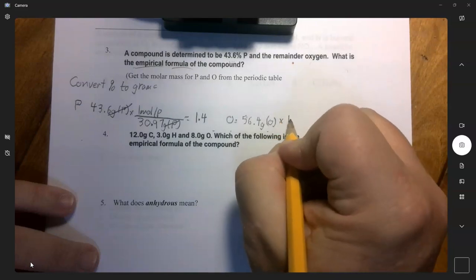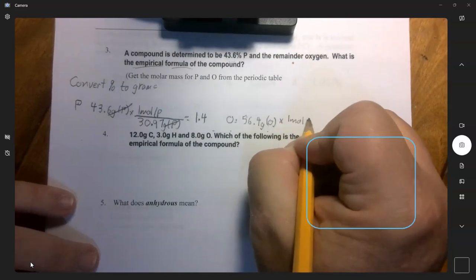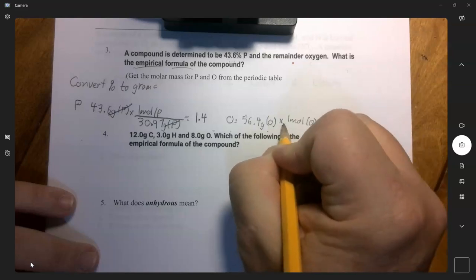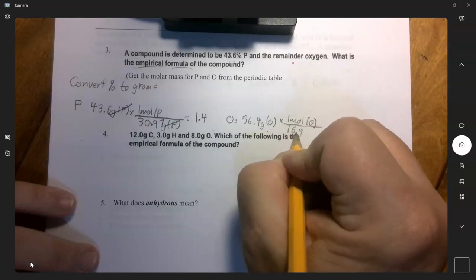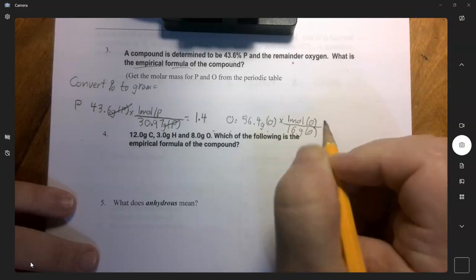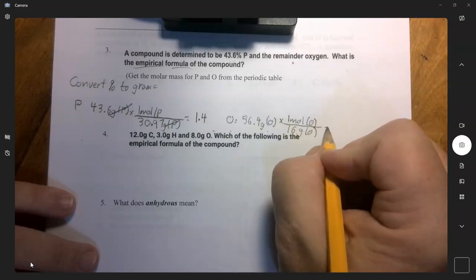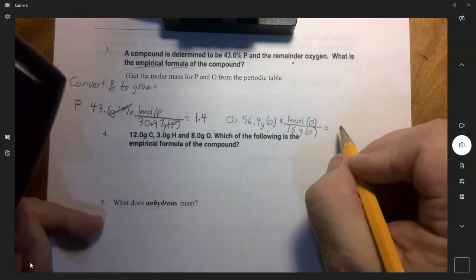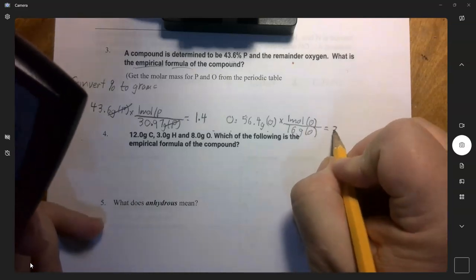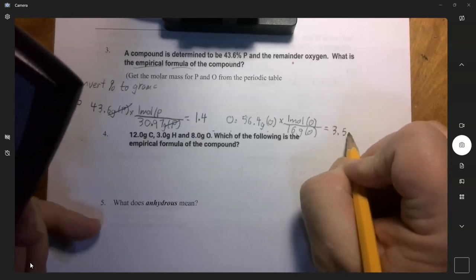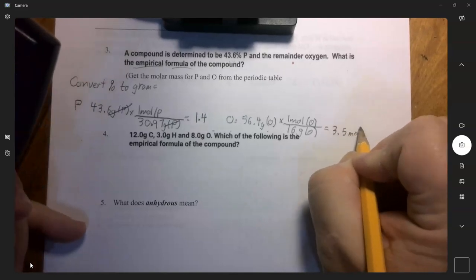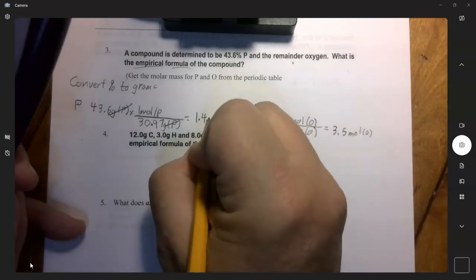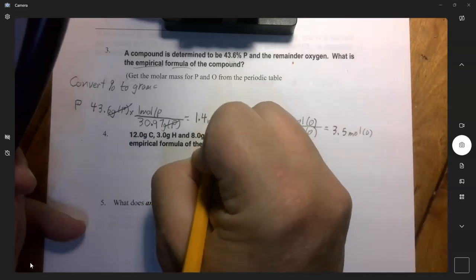And we know the molar mass of oxygen from the periodic table, 16 grams. It's not an O2, it's just an oxygen atom. Okay, and it gives me 3.525. I'm just going to call it 3.5. And that's moles of oxygen. And this over here should be moles of phosphorus.